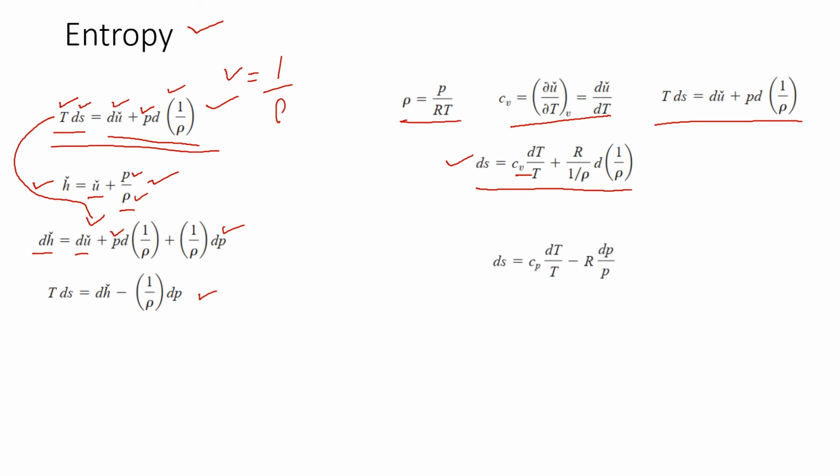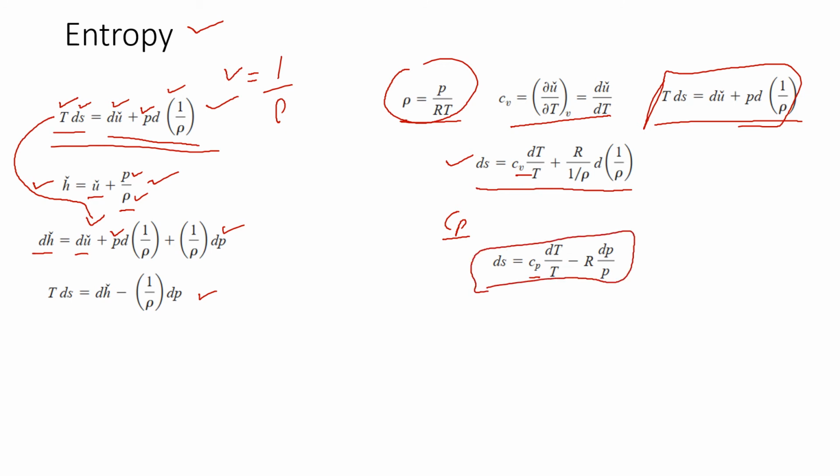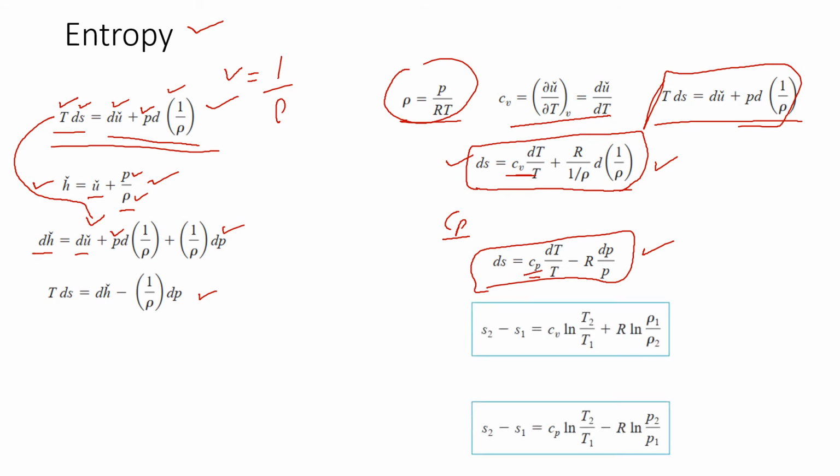We can also write the equation for the change in entropy at constant pressure by using these three equations: again the Cp equation that we derived in the previous slide, and this equation right here. We can use this to derive this term, and then use these two equations to see the change in entropy at constant specific volume and constant specific pressure. So these are the two equations.